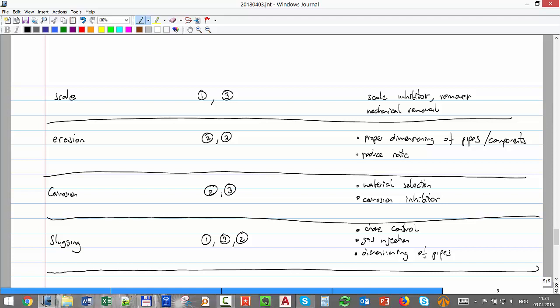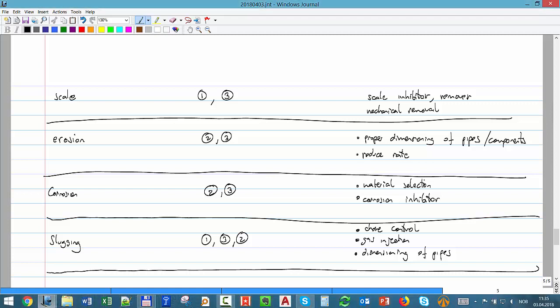Okay, remember I showed you that the flow pattern depends on the superficial oil velocities, and if you see that that's causing slug flow, then you try to increase one or the other to take it out of the slug flow region. Otherwise, I have to use choke control, gas injection, or I also have to use a slug catcher instead of a normal separator.